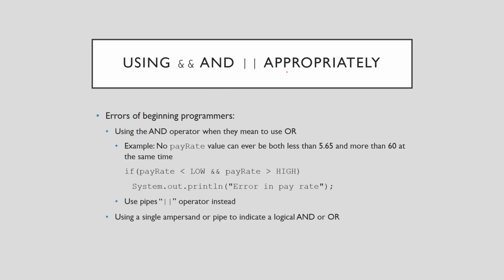When will you apply the and? If both of the Boolean expressions are true, you have to use and. If either of the two expressions is true, you have to use the logical or.